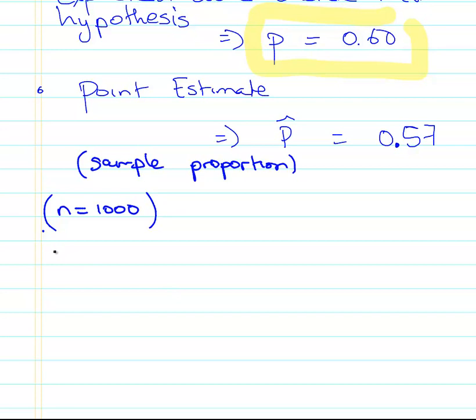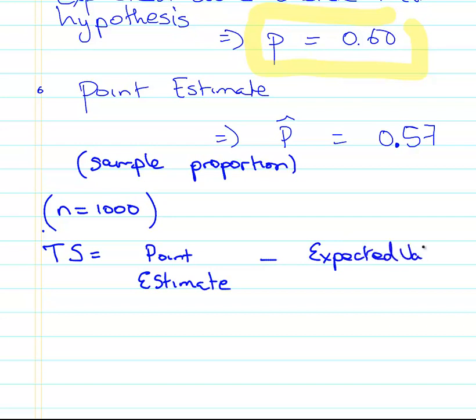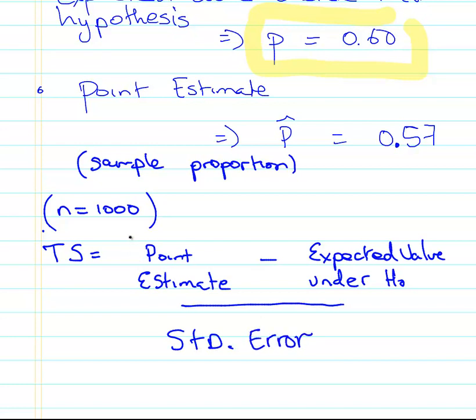Now our test statistic is our point estimate minus our expected value under the null, all over the standard error. That's the general gist of it.